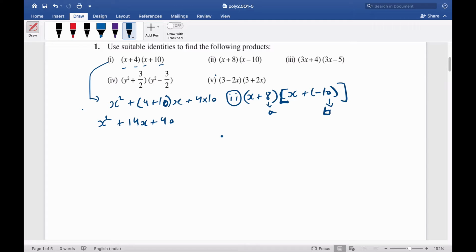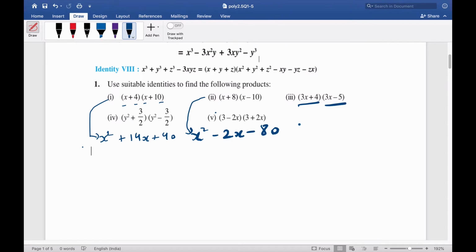So now again x square plus a plus b into x, plus 8 into minus 10. So I get x square, 8 minus 10 is minus 2, minus 2x minus 80. Okay, so now the third part, it's also the same identity.